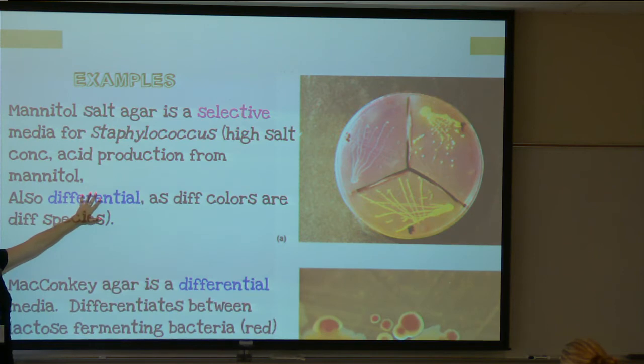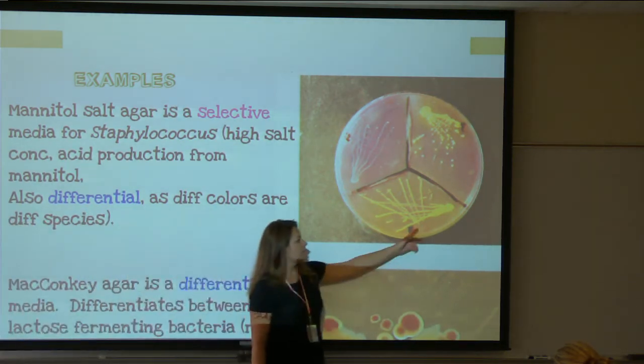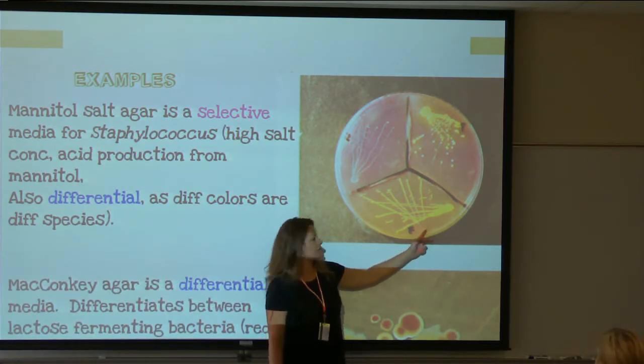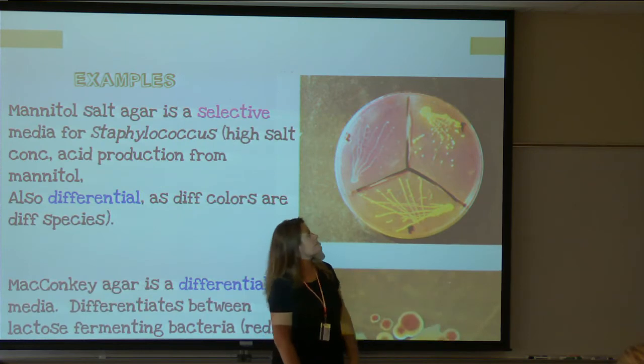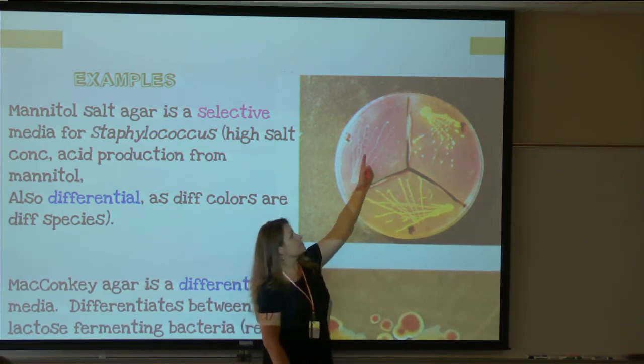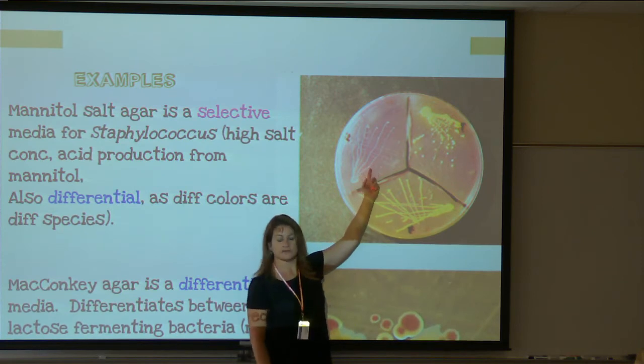So right away, you can be like, if it grows yellow and it changes the background to this yellow-orange color, that's Staphylococcus aureus. If it grows white and the background is this pink color, that's Staphylococcus saprophyticus.